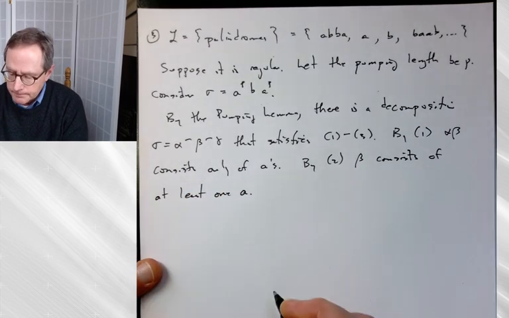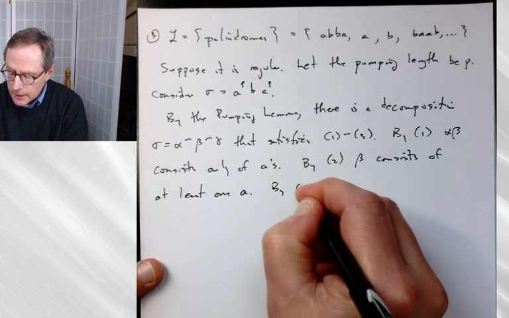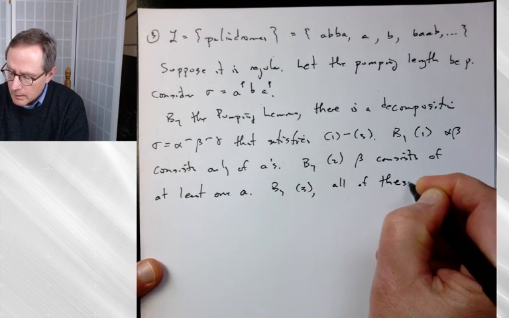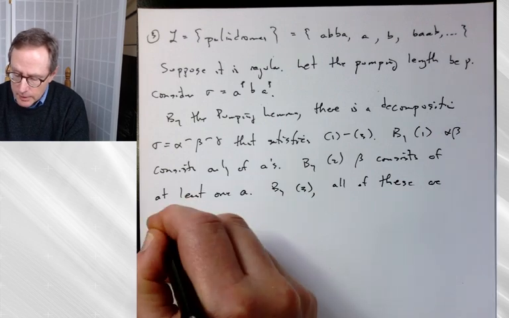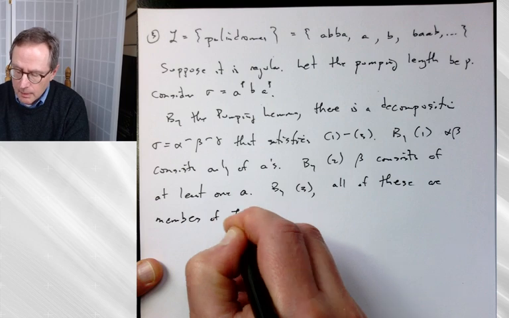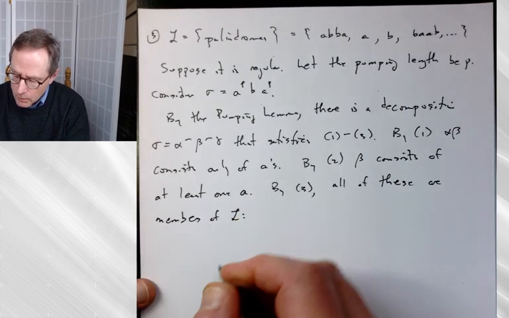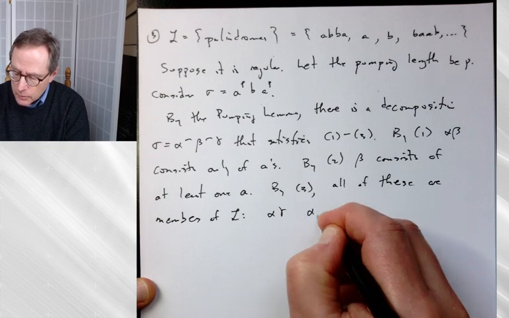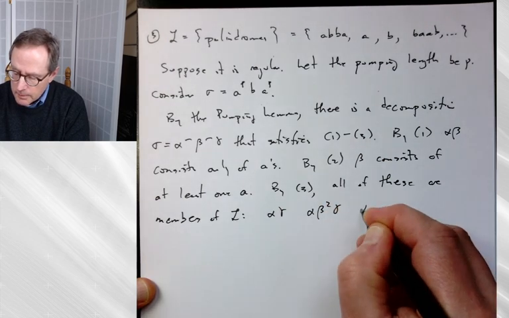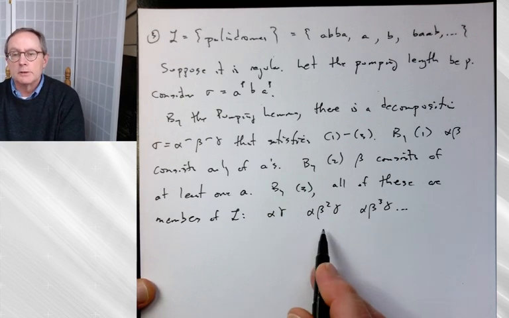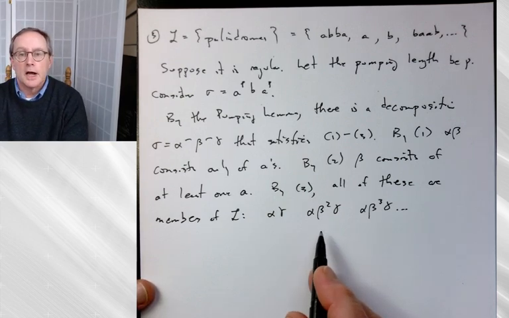And by 3, all of these are members of L: alpha gamma, alpha beta squared gamma, alpha beta cubed gamma, etc. Now I didn't write alpha beta gamma because we know that's a member of L. I'm not going to find the contradiction there.